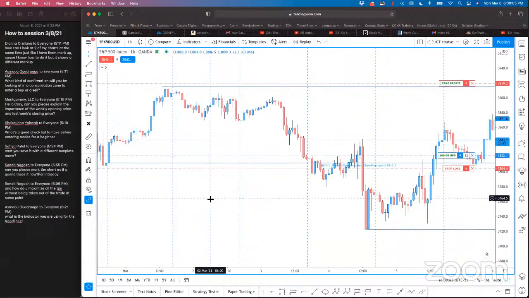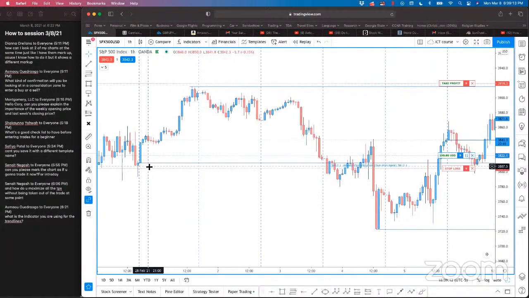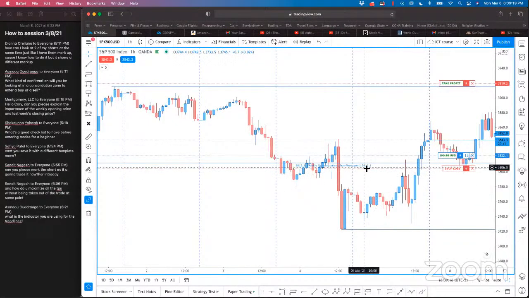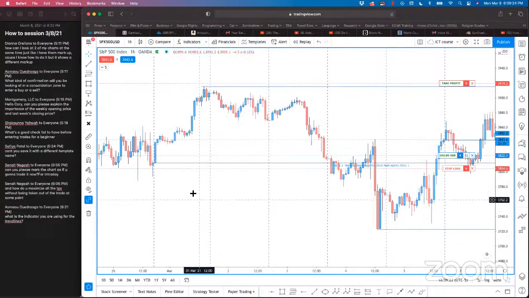So I analyze my charts on an hourly or the 4 hour for the whole week, right? And I can do that because I understand this is the weekly opening price for this week, which was 3812.1, right? This is Monday, right?